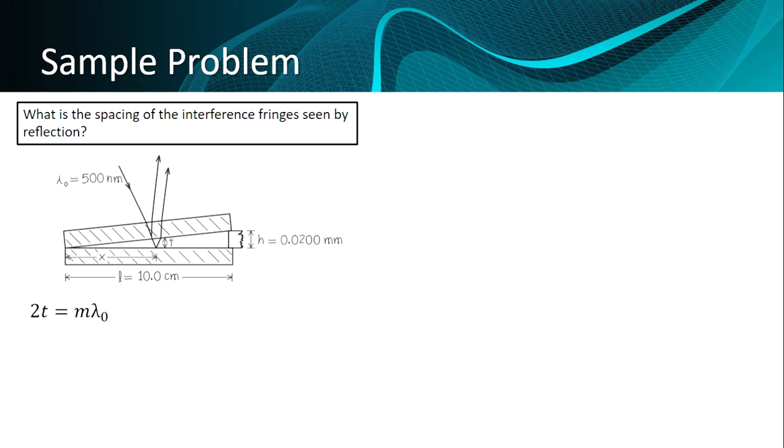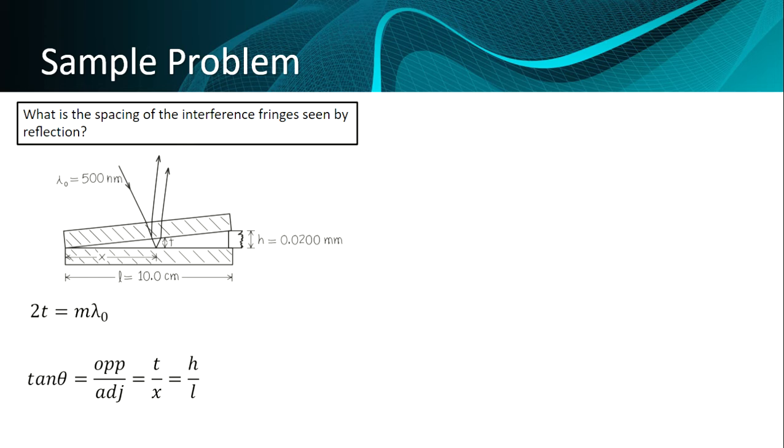Because it is an air wedge, it is understood that the wave reflected at the bottom surface is a half cycle out of phase. So we'll use this equation for destructive interference, which is 2t equals m lambda naught.